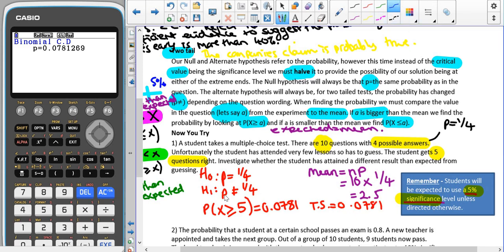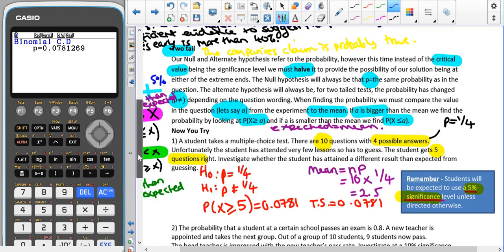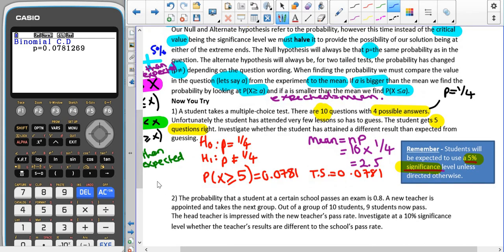As I said before, because this time we're wanting to split it between the bottom end and the top end, our critical value is going to be half of our significance level, which is 5%, which gives us 2.5%, which as a decimal is 0.025.